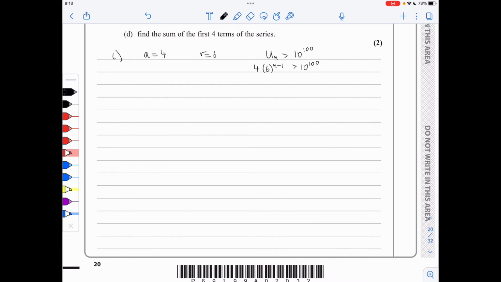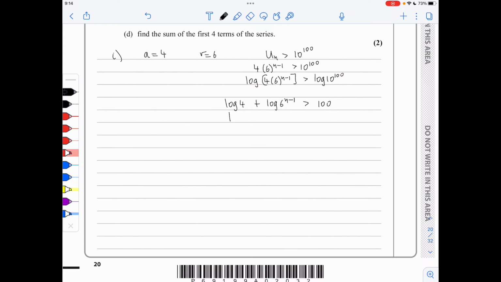So I will take logs of both sides. So log of 4 times 6 to the n minus 1 is greater than log of 10 to the 100. So the log of the product is the sum of the logs. So log 4 plus log of 6 to the n minus 1 is greater than 100, because log of 10 to the 100 is simply 100.